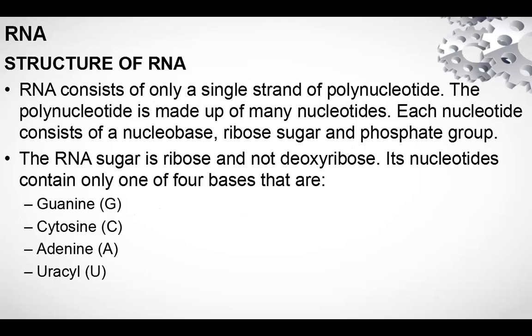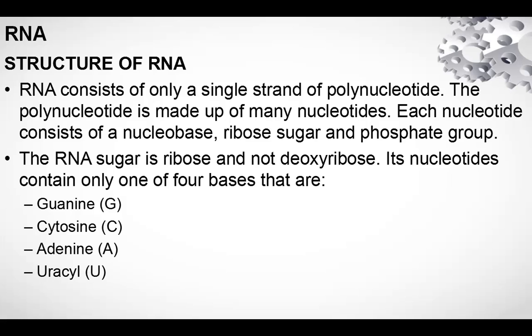Let's see the RNA. The structure of RNA consists of only a single strand of polynucleotide, and the polynucleotide is made up of many nucleotides, as we said also in the DNA. Now each nucleotide consists of a nucleobase, sugar, and a phosphate group.